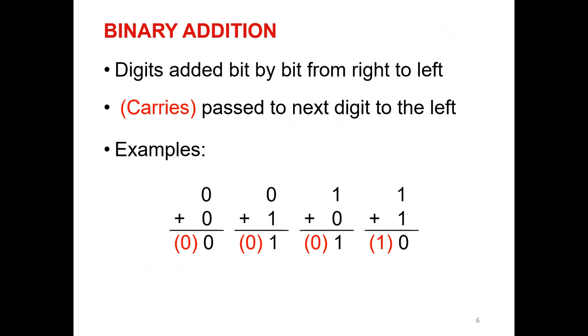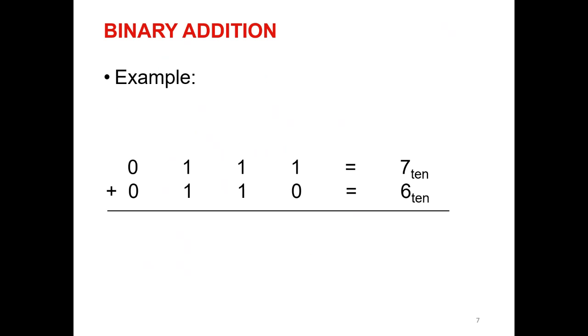So let's see a more complex example. Let's say we want to add these two binary numbers. You have the conversion in decimal here. This is the binary number, and on the right part we see the equivalent in decimal.